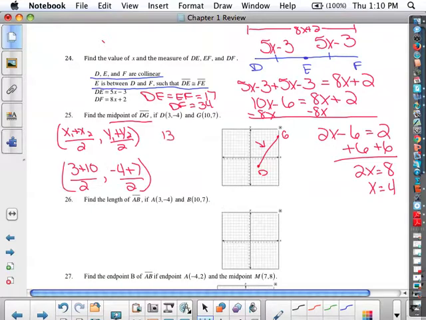That gives me 13 halves and 3 halves as the midpoint. You can write that as 6.5 and 1.5 if you want to, or you can leave it as an improper fraction.